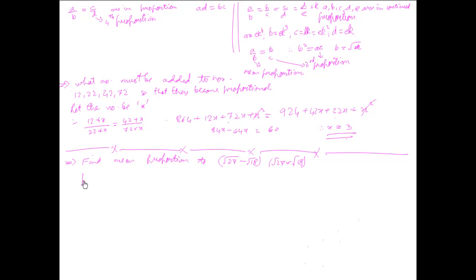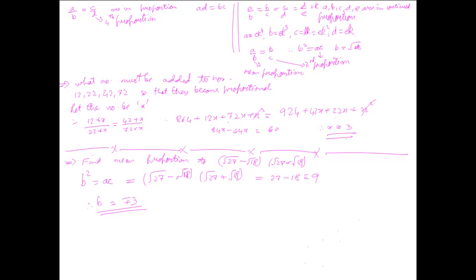That means mean is the mean proportional, b squared equal to ac, which is equal to root of 27 minus root 18 and root 27 plus root 18. That gives us 27, difference of two squares, 27 minus 18, which is 9. Hence, children, the value of b comes out to be plus and minus 3. This is the mean proportion between these two numbers, children.